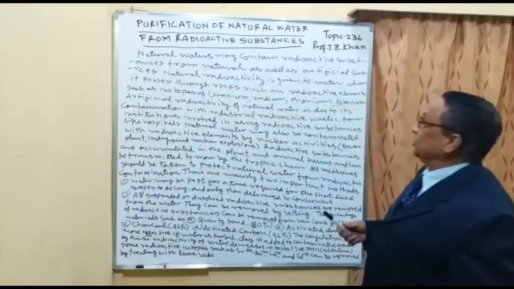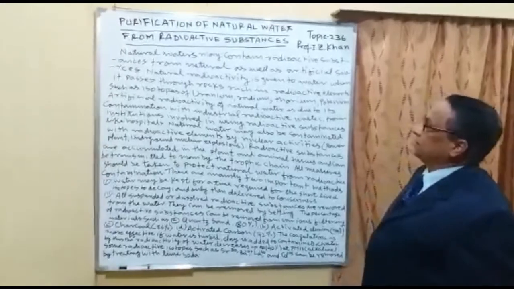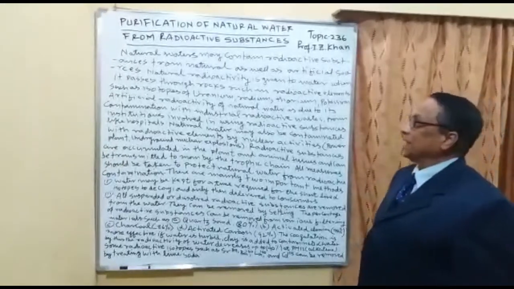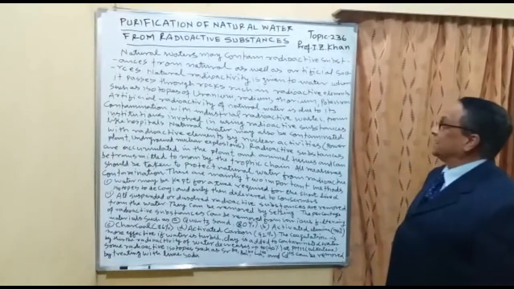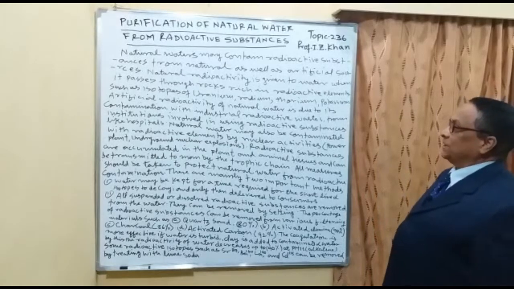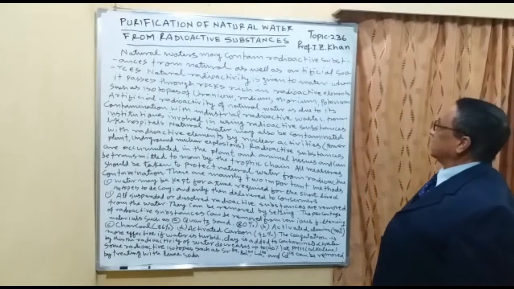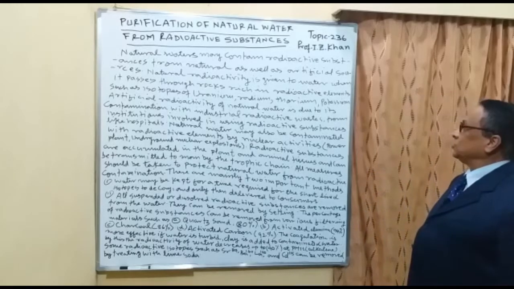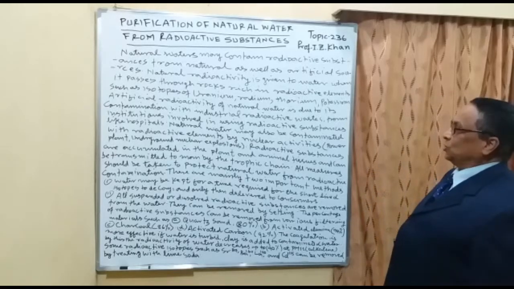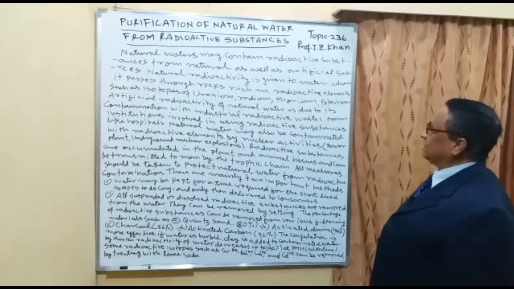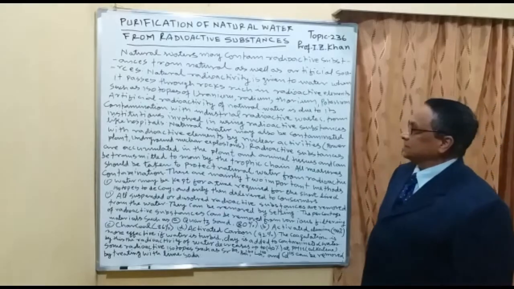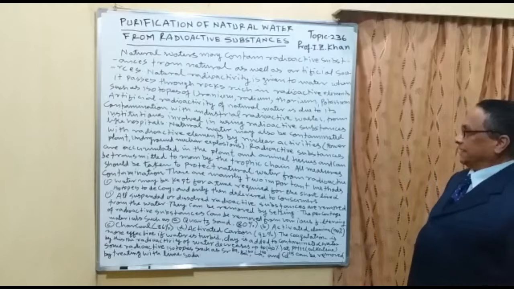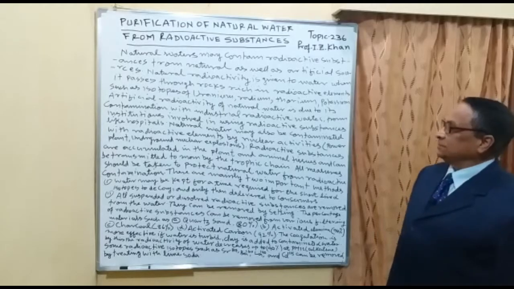So here, purification of natural water from radioactive substances. Natural waters may contain radioactive substances from natural as well as artificial sources. Natural radioactivity is given to water when it passes through rocks rich in radioactive elements such as isotopes of uranium, radium, thorium, potassium.